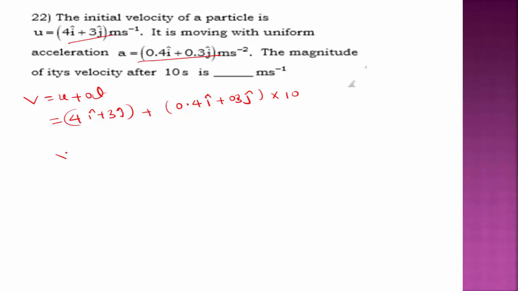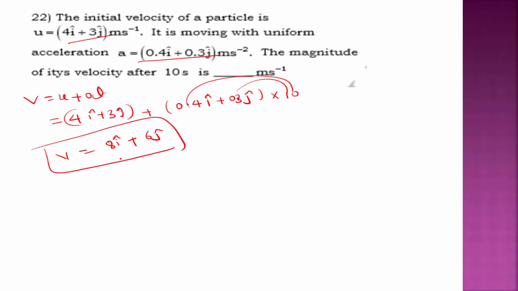Then 10 into 0.4 is 4, and 10 into 0.3 is 3. Then 4 plus 4 is 8i, and 3 plus 3 is 6j. So v is equal to 8i plus 6j. The SI unit of velocity is meter per second.